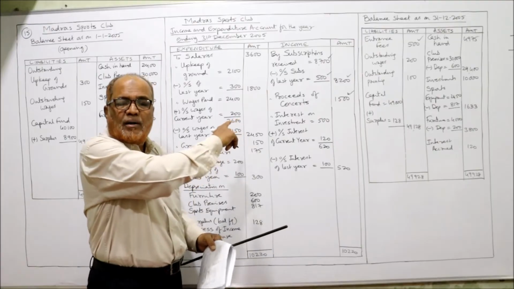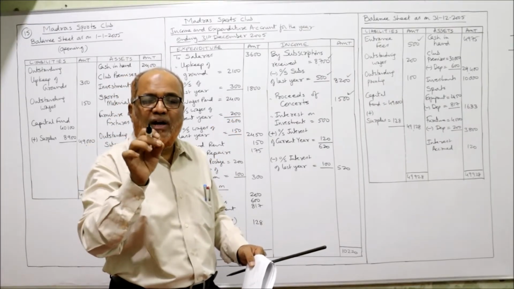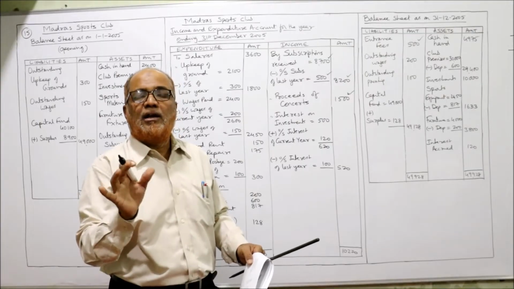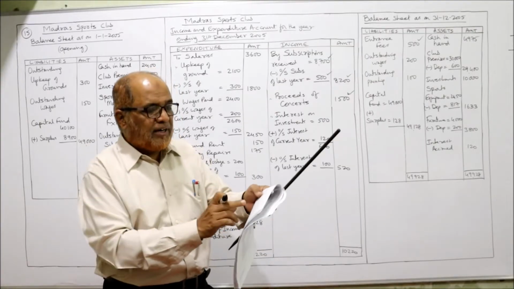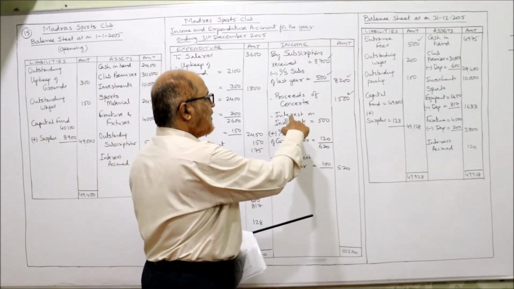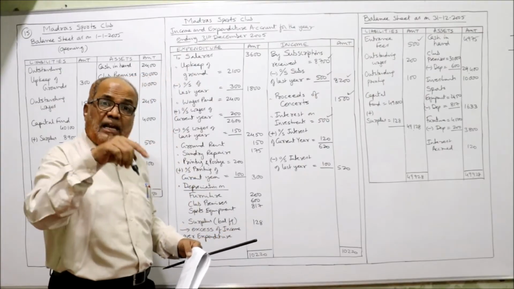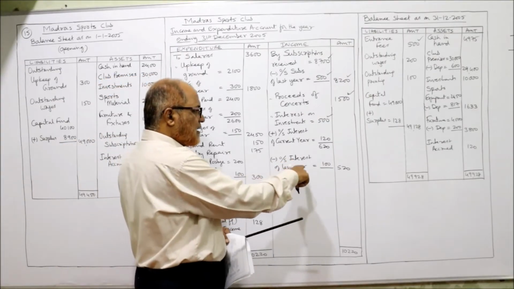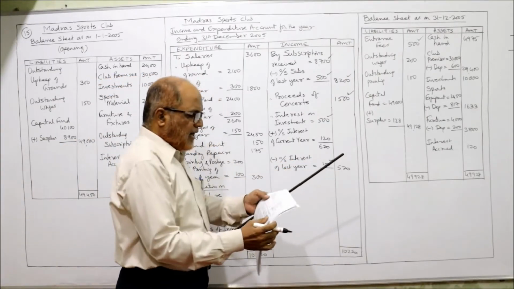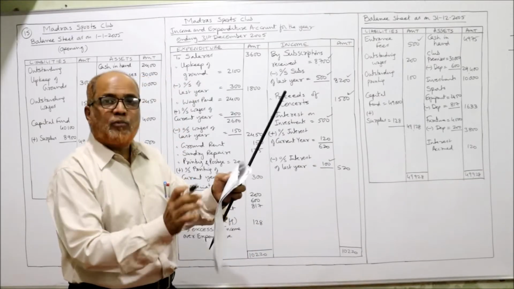While making income and expenditure account, we take all income and expenditure of the current year. Last year should not be taken. So we deduct 100 rupees. So here, interest on investment 500 rupees received, out of which last year's interest is 100. And current year outstanding is also given. We'll see that. Then come to payment side.